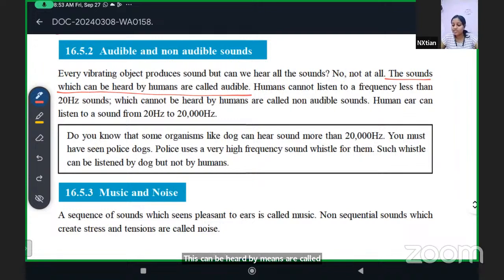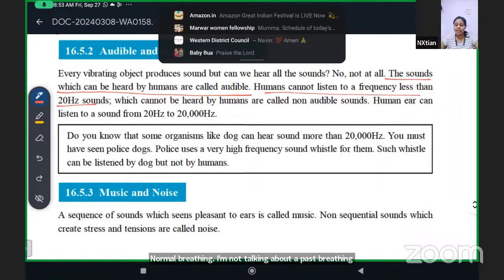We cannot listen to sounds with a frequency less than 20 hertz. If you are breathing normally, can we hear somebody breathe? I'm not talking about fast breathing or heavy breathing.